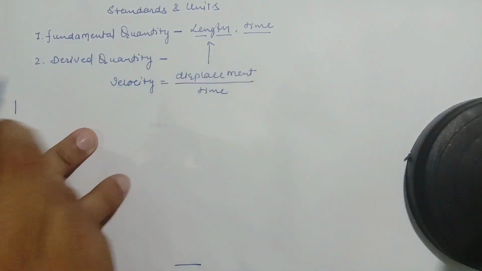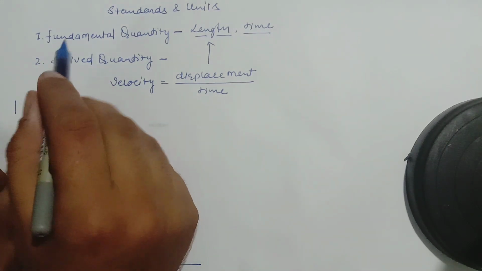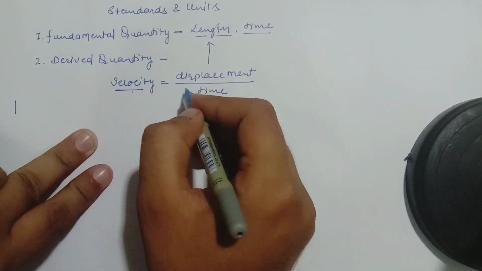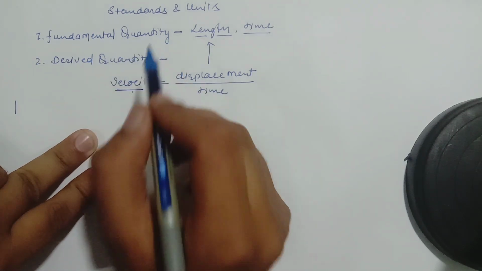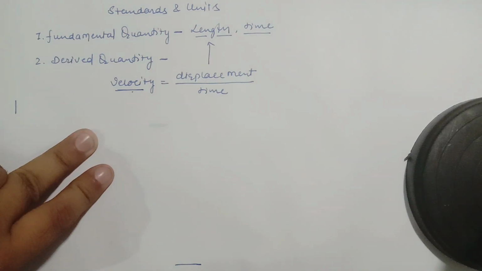So what we see is that velocity is a derived quantity because it depends on one or more fundamental quantities. Do you understand?